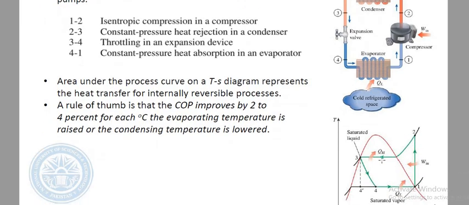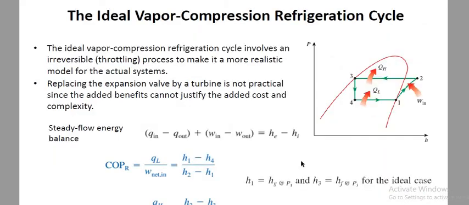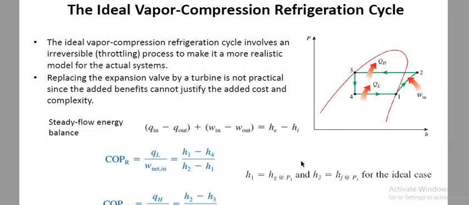Okay, so the area under this TS diagram represents the heat transfer for an internally reversible process. Alright, so we move on here. The ideal vapor compression refrigeration cycle involves an irreversible throttling process to make it a more realistic model for actual systems.